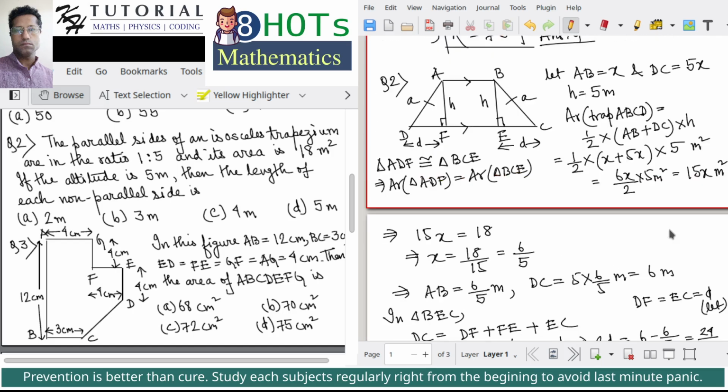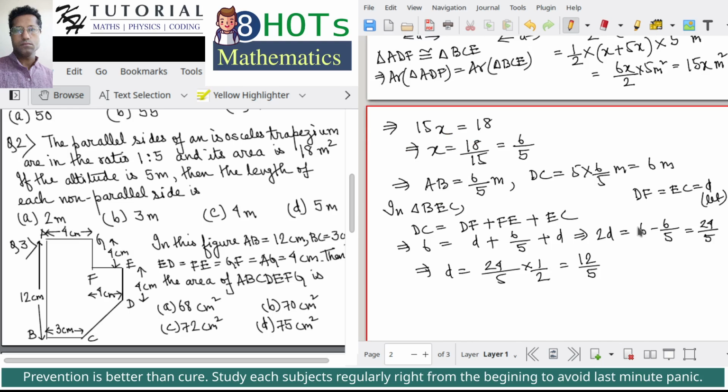Now, BEC is a right angle triangle. Using Pythagoras theorem, we can now easily find a, because we know h is 5 meter, it is given, and we also know EC, which is d, which is 12 by 5 meter.